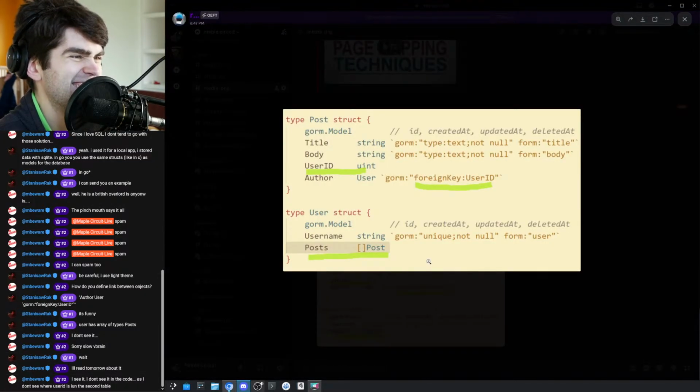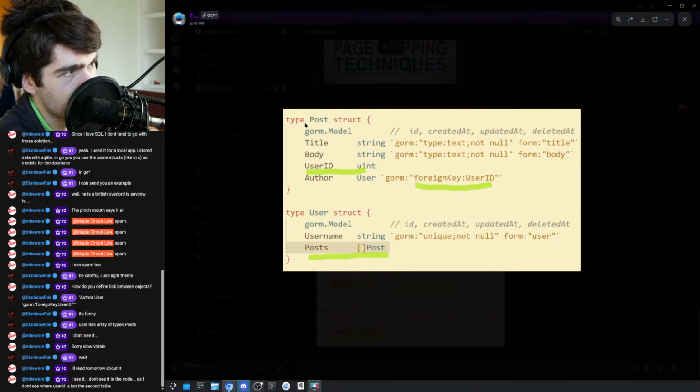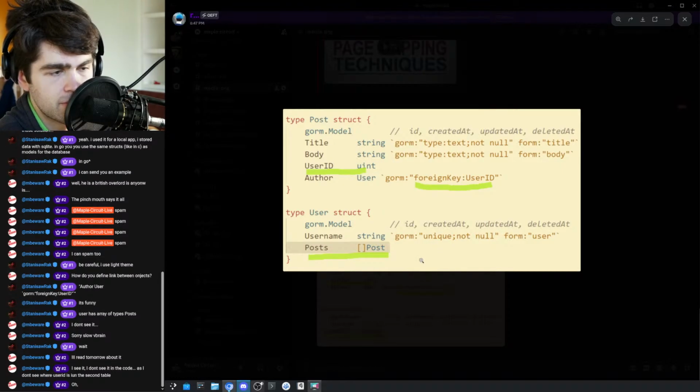Okay. I love it. Post is here. So this is type Post. So here is an array of Post, so it's an array of this. And then the foreign key, UserID, is linked to this. So yeah. Post and, on top, Post.